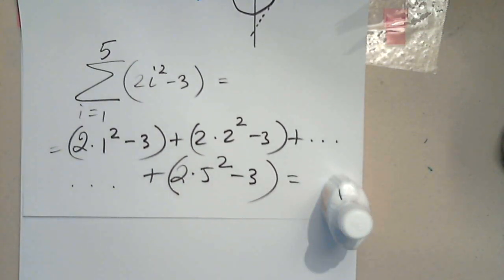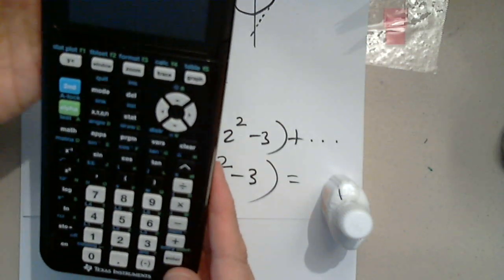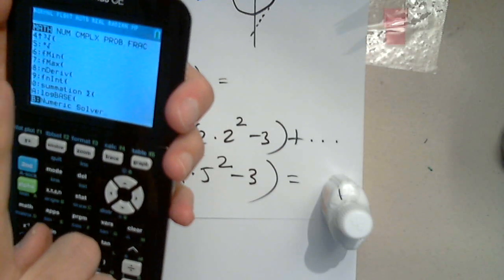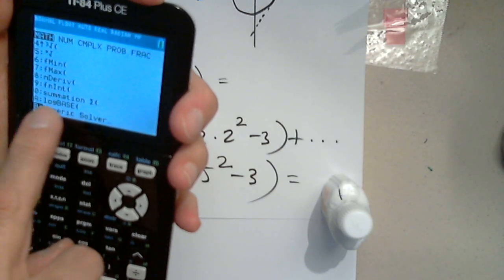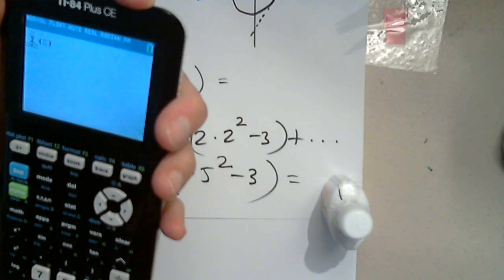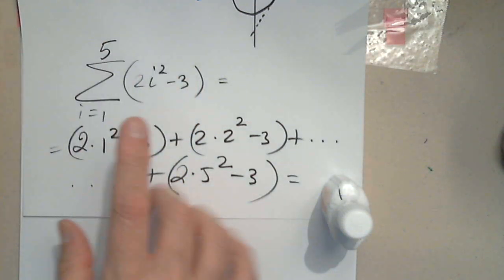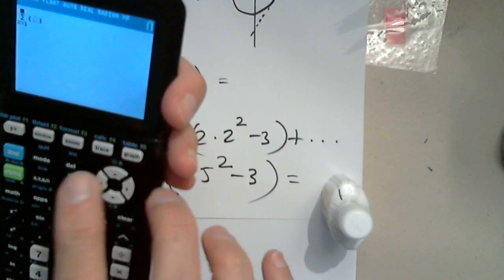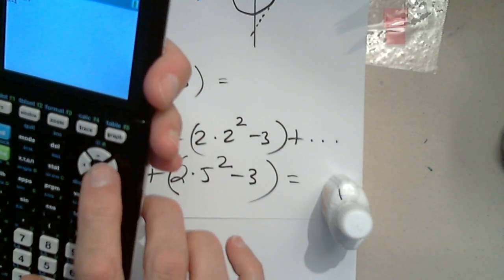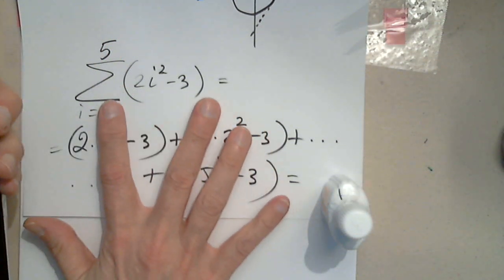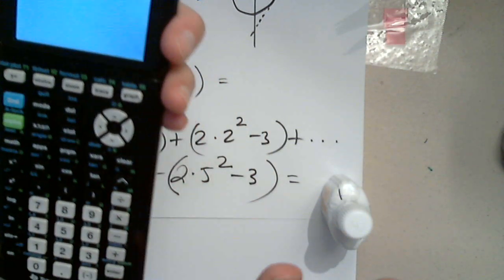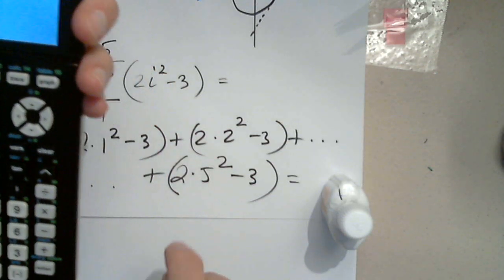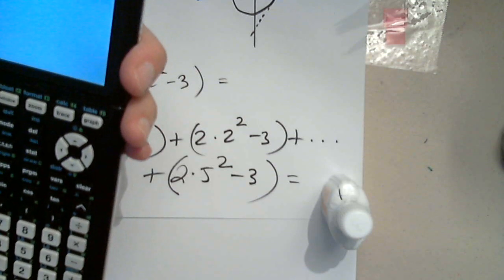However, here it is. We go to math. Scroll up to summation, press 0. We don't have j, i, k, so we have x, and it goes from 1, and the upper limit is 5. In parentheses, I prefer putting another set. It may work without it, sometimes it does, sometimes it doesn't, so I don't want to mess with that. And then minus 3, and close the parentheses.